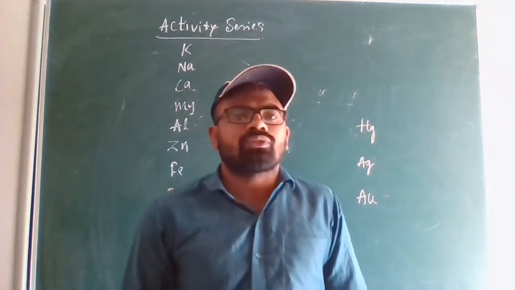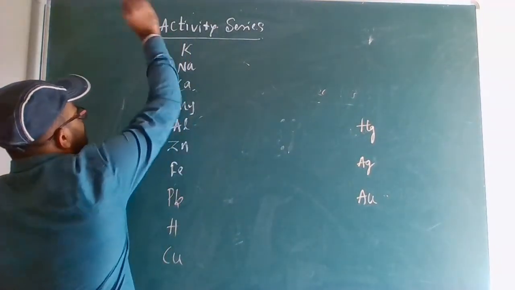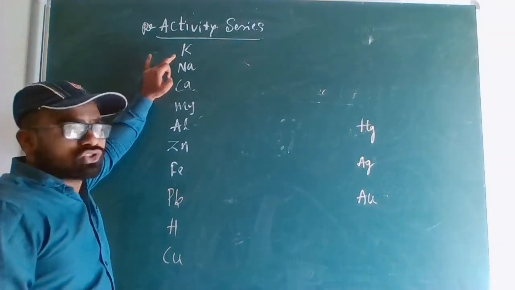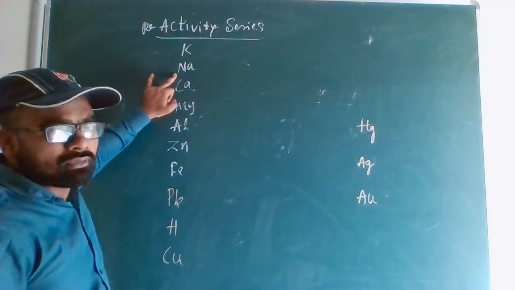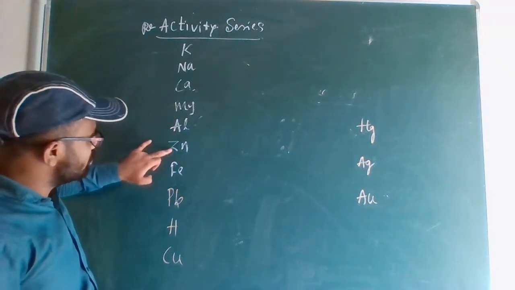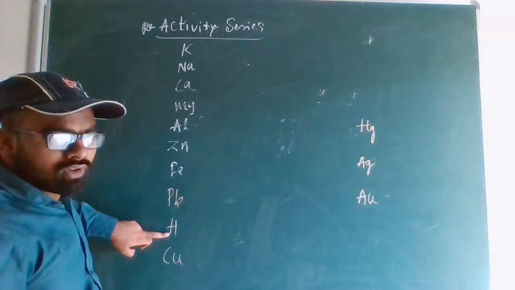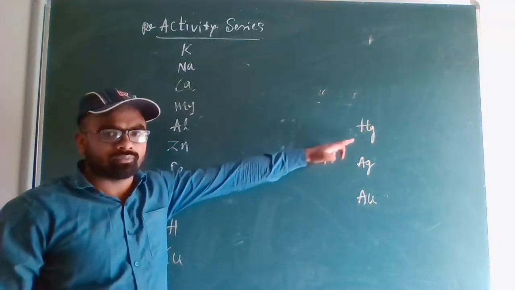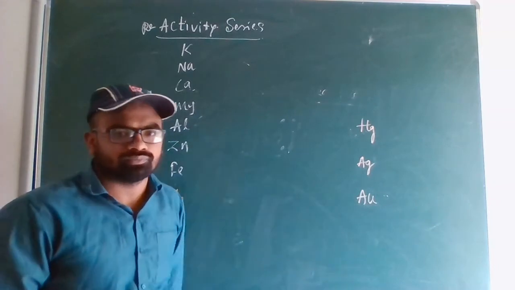So my dear students, this is the activity series, or we can say the reactivity series of metals. See here, first, most reactive is potassium. K means potassium, Na sodium, calcium, magnesium, aluminium, zinc, iron, lead, hydrogen, copper, mercury, silver, gold.